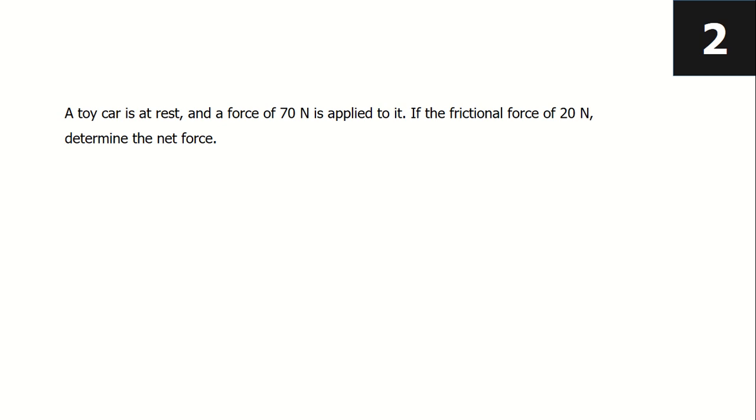The next problem is about a toy car, which is at rest. And then a force of 70 newtons is applied to the toy car. So there would be an applied force present on the object. If a frictional force of 20 newtons is present, determine the net force on that toy car. So first, drawing the free body diagram of the toy car.